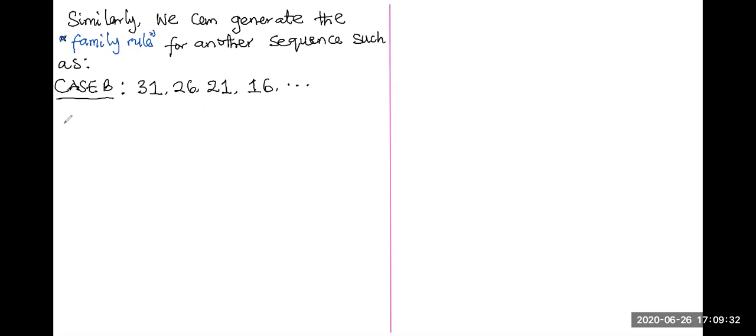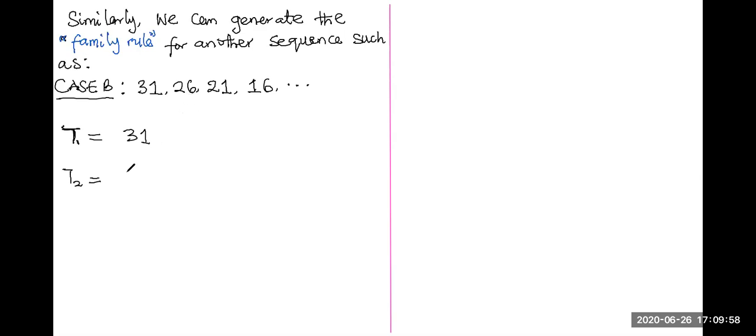So if we call the first term here T1 equals 31, let us observe what is happening here. We will discover that the second number, 26, is 5 less than the first number. And the third number, which is 21, is also 5 less than the second number. That means it is 10 less than the first number.